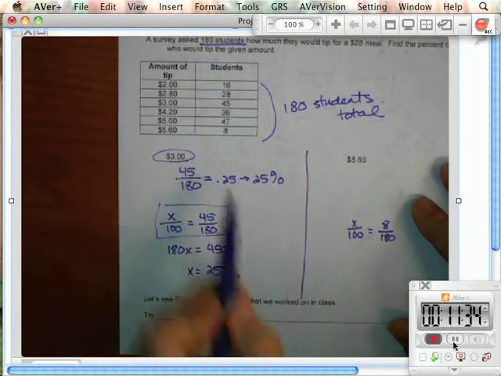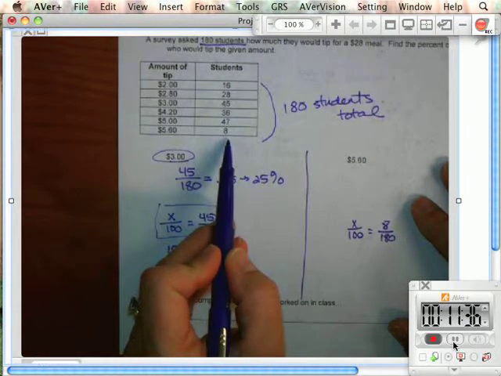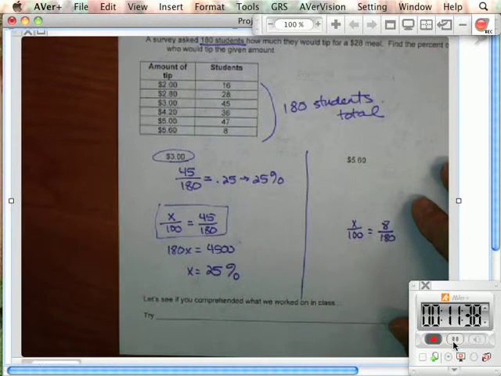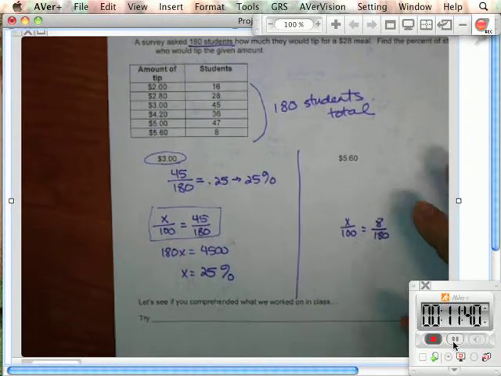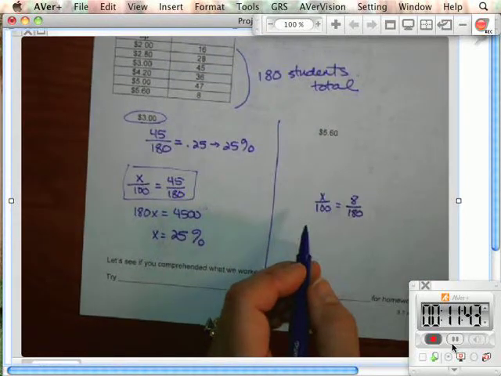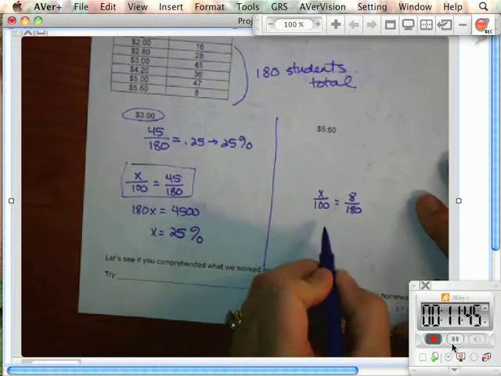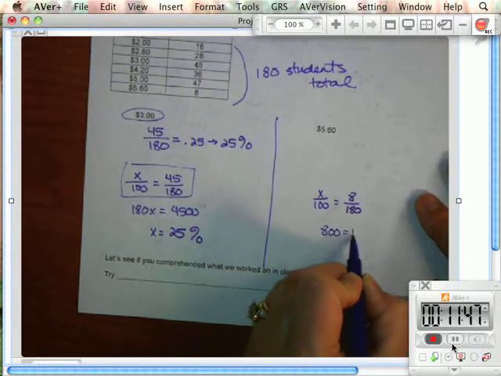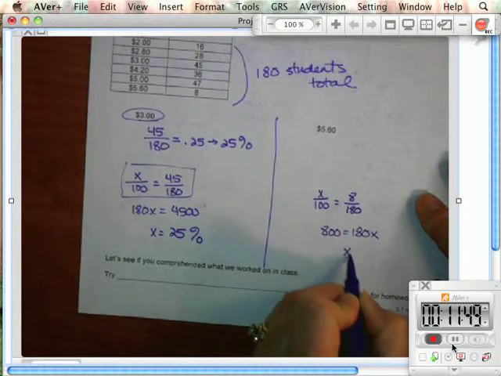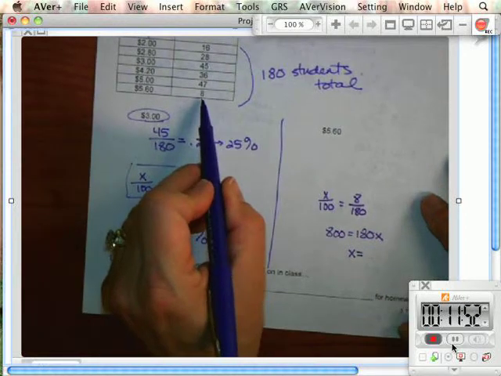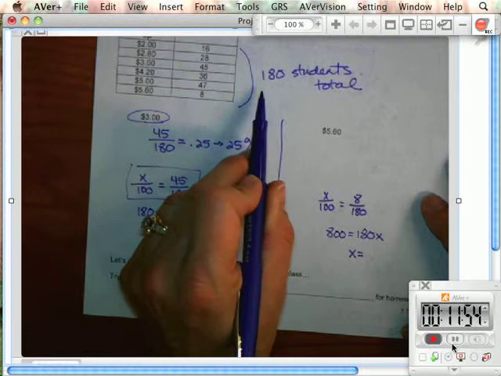Only 8 students tip that from the table. Got it? Okay. It's a very small number because it's just a very small portion of those 180 students. It's going to be a small number.